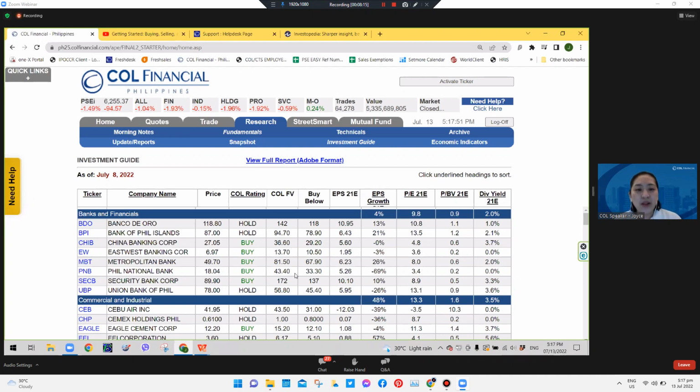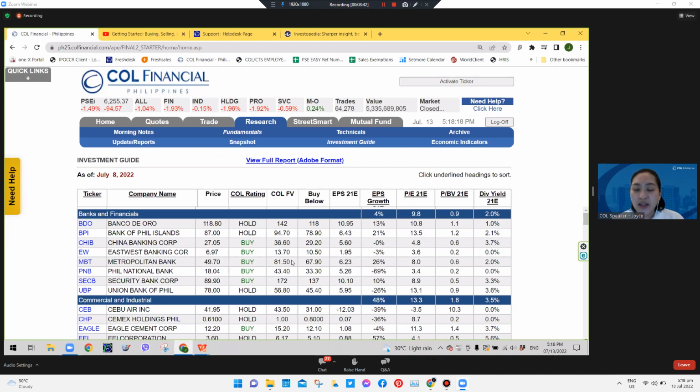So for example, let's take a look here at Metrobank. Metrobank would be the fifth bank, so it will be on the fifth row of the bank and financial section. Here in our COL FV, we note that it has a fair value of 81 pesos and 50 cents. So our analyst thinks Metrobank should be worth 81 pesos and 50 cents.